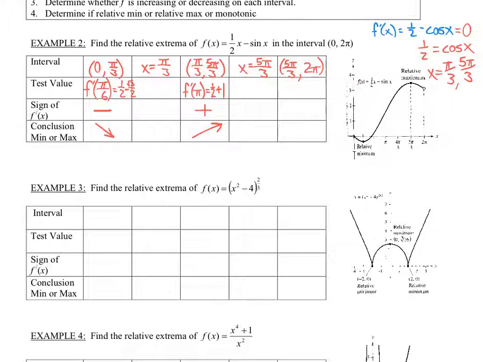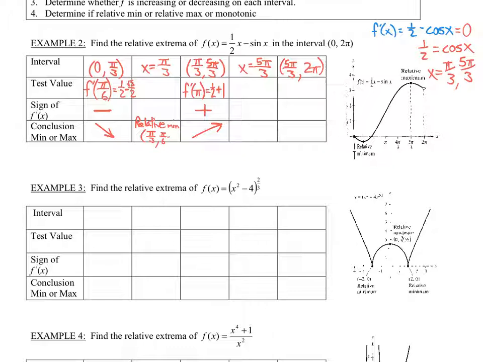Now that we've said that, we can come back here and say, what's happening at pi over 3? We have a relative minimum, and that point is pi over 3. And let's see, sine of pi over 3 is root 3 over 2. This is pi over 3 times 1/2, so that's pi over 6 minus root 3 over 2.